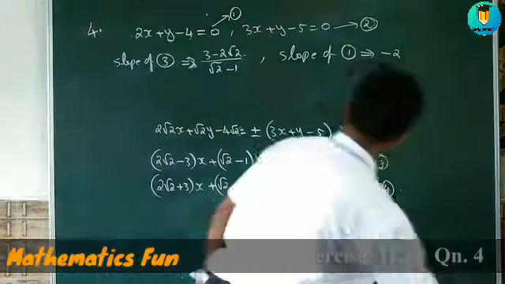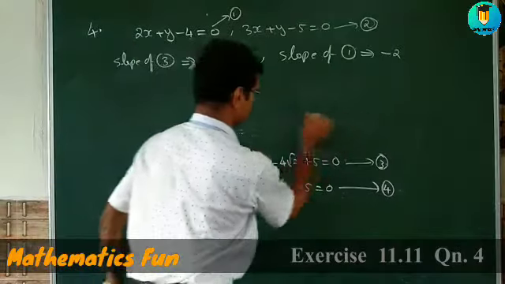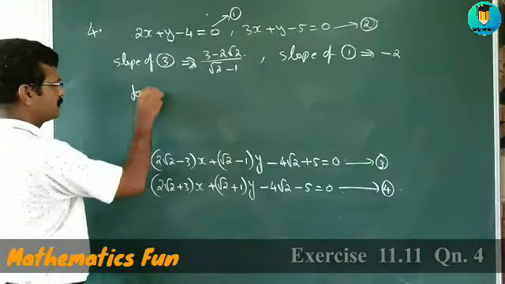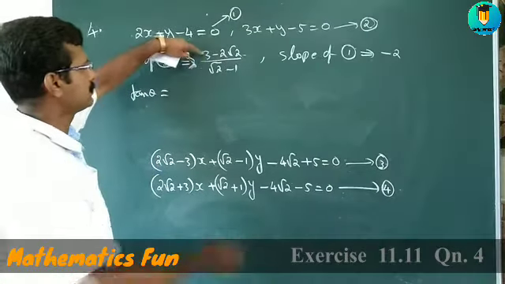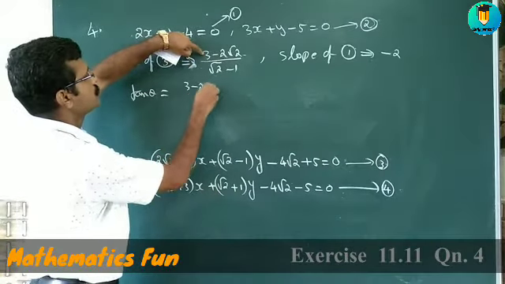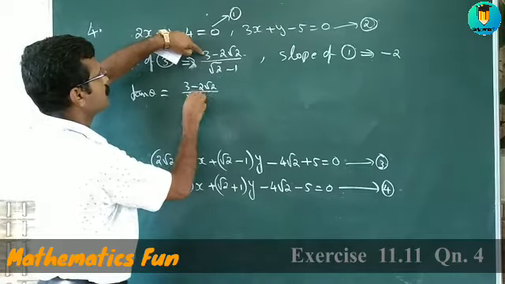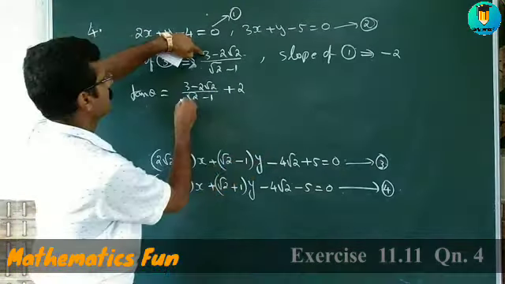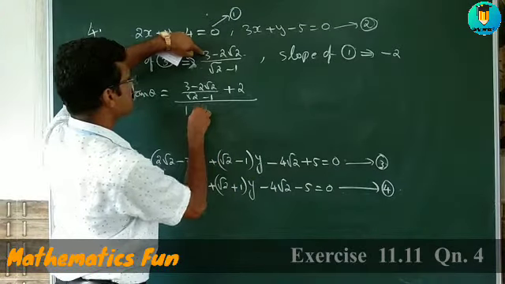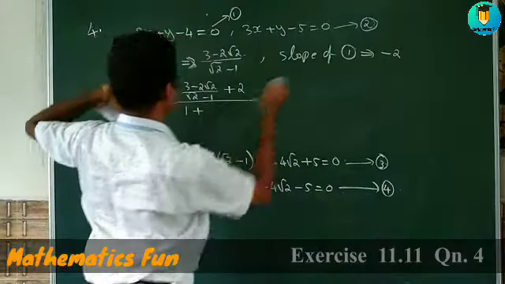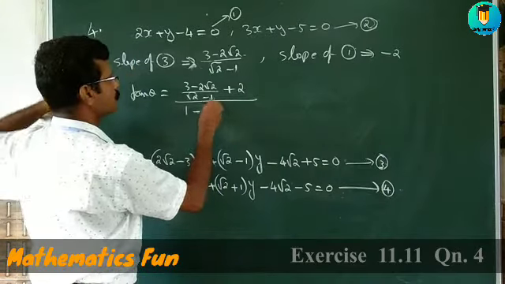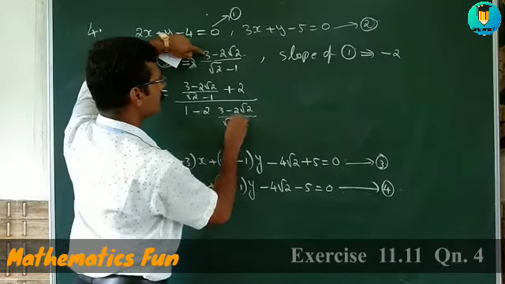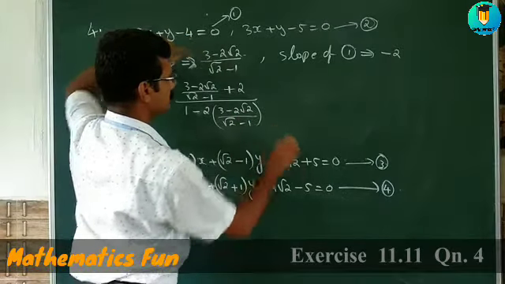Now we will use the formula of tan theta. Tan theta is m1 minus m2, that is 3 minus 2 root 2 divided by root 2 minus 1, m1 minus m2, so it will become plus, divided by 1 plus m1 into m2, so this one into this, ultimately minus 2 into 3 minus 2 root 2 divided by root 2 minus 1.